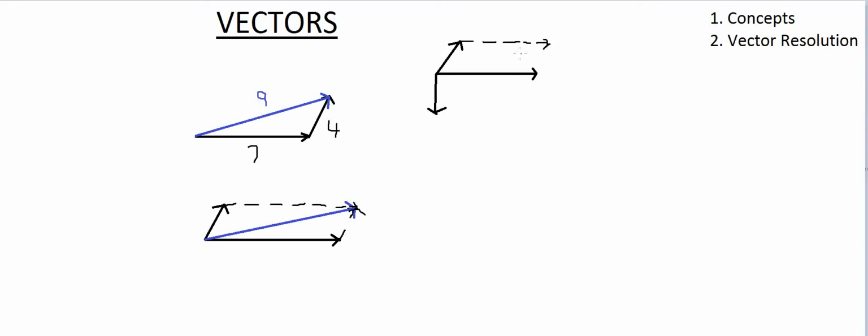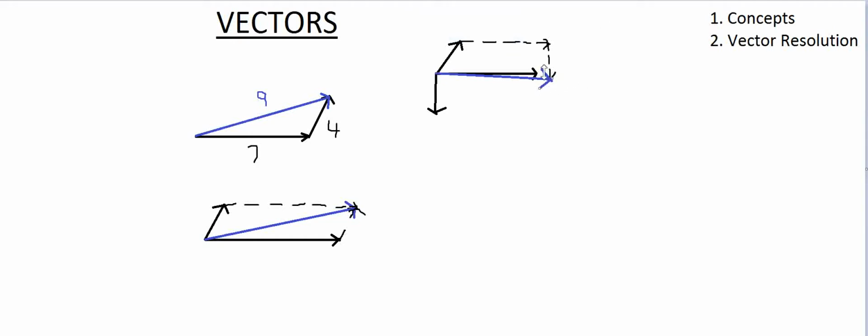After that, you move the third vector to the endpoint of the second vector, like this. The resultant vector will be the line connecting the start point of the first vector to the endpoint of the last vector, and this is the resultant vector or resultant force.